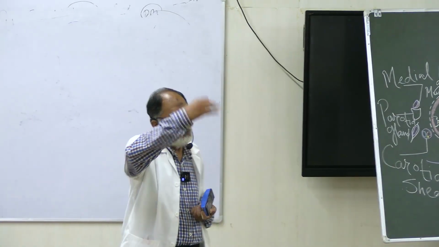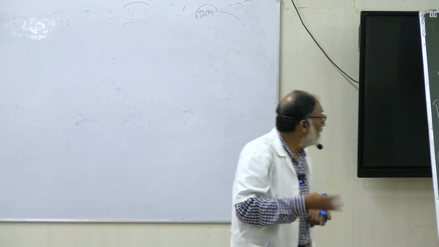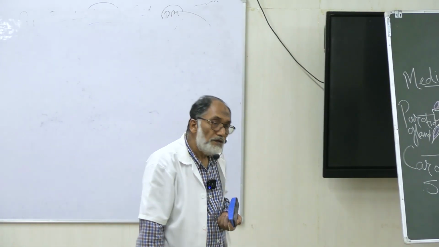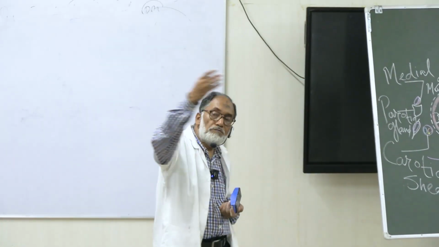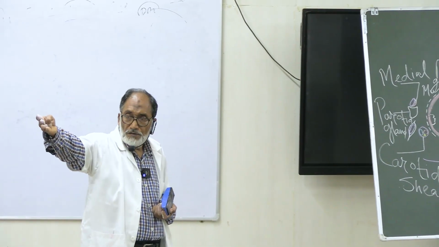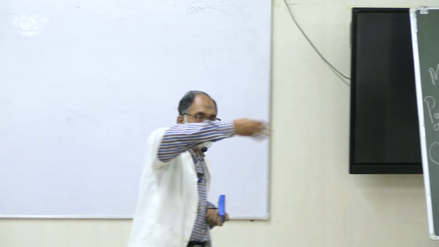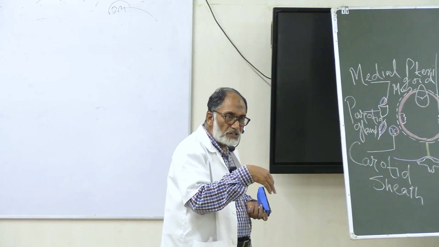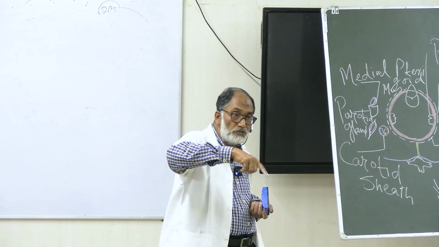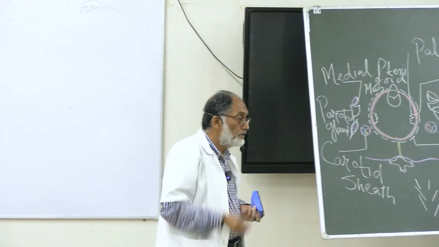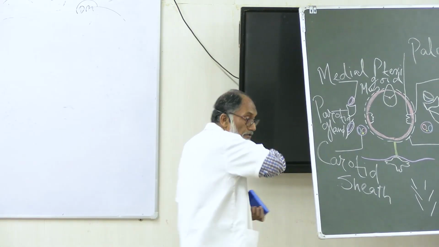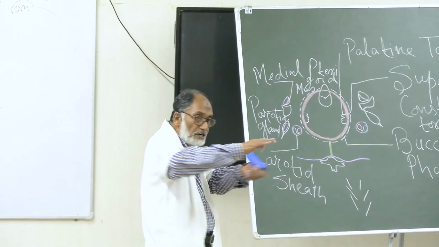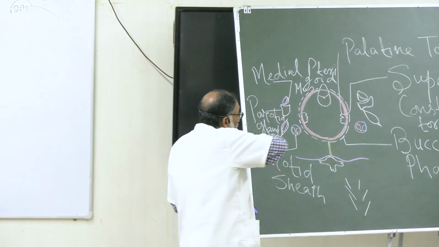Again I am repeating the boundary. Anteriorly it is the buccopharyngeal fascia which covers the constrictor muscles. Behind is the prevertebral fascia, extending up to the T3 vertebra. Now laterally, if you want to understand the lateral extension, you have to take the horizontal section.